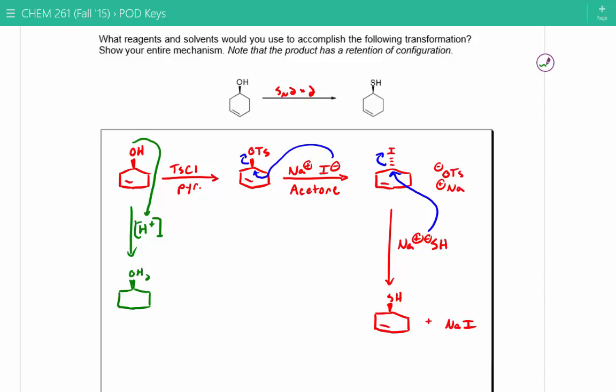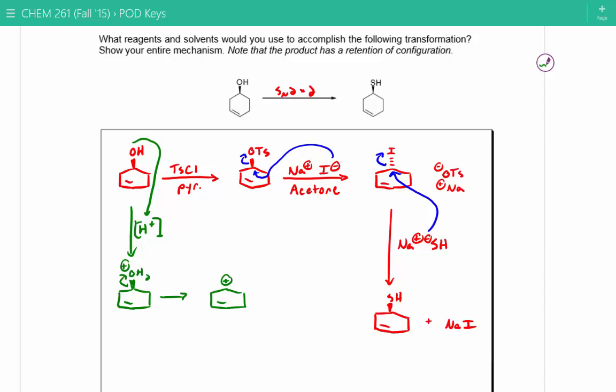We've got OH2 plus. This water can fall off and go through an SN1 type reaction, giving us this secondary carbocation.